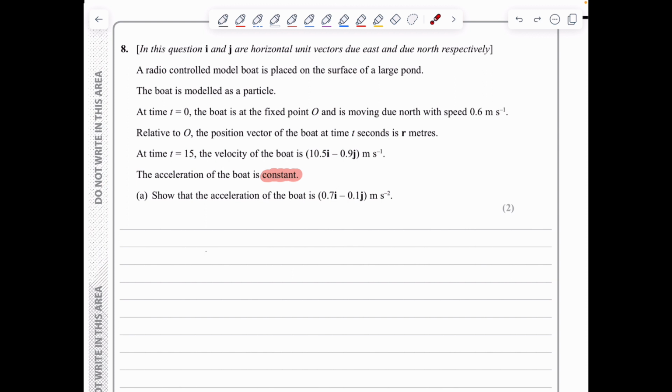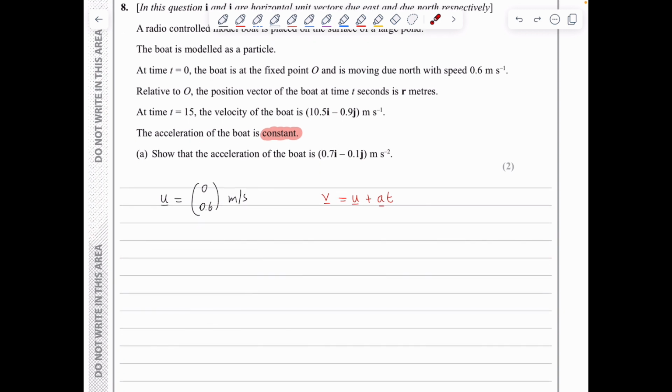We have been given that the initial velocity u is 0.6 meters per second because the boat is moving due north. So if I was to draw the velocity vector, it would be pointing upwards. Therefore, the horizontal component is 0 and the vertical component is 0.6 in the positive direction. We've got the SUVAT equation, v is u plus at. So for v, I will be putting the 10.5, minus 0.9.